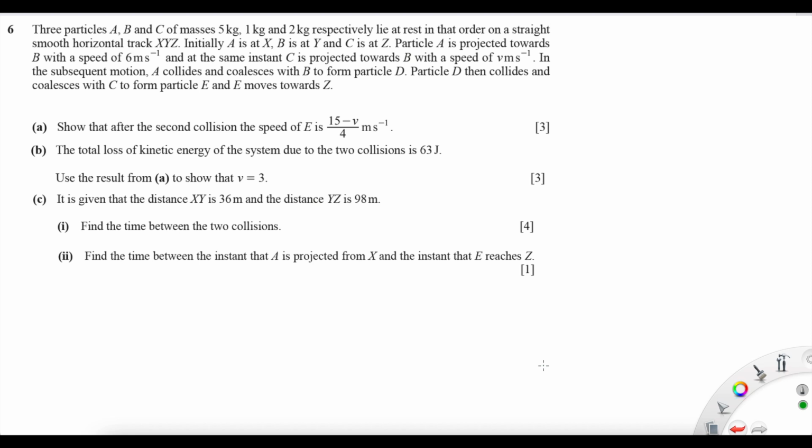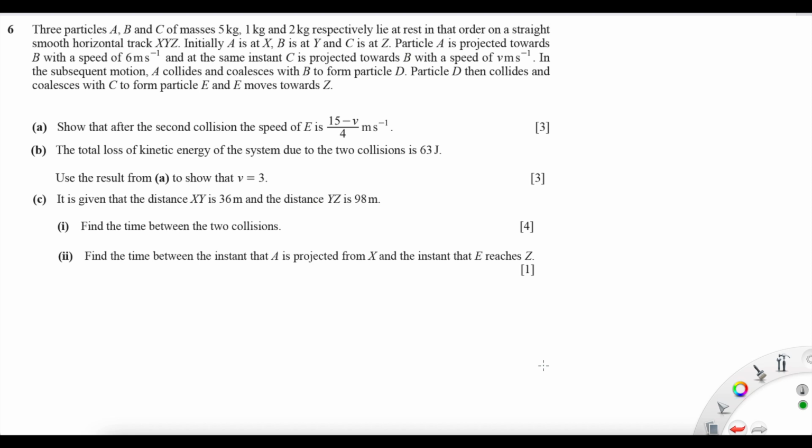Part A, show that after the second collision, the speed of E is (15 minus v) over 4 meters per second. Part B, the total loss of kinetic energy of the system due to the two collisions is 63 joules. Use the result from part A to show that v is 3.